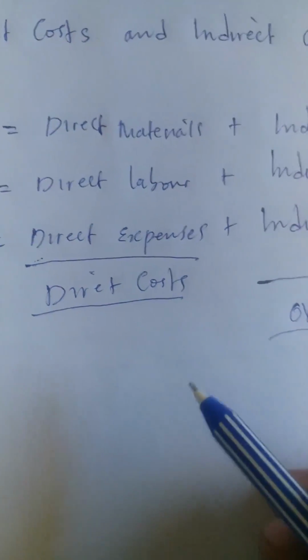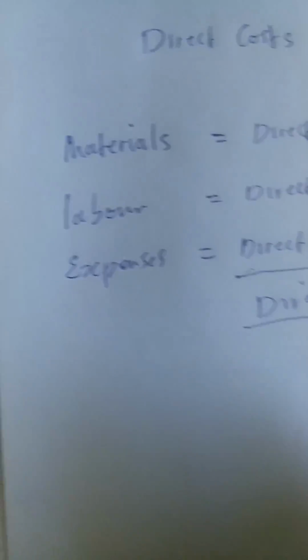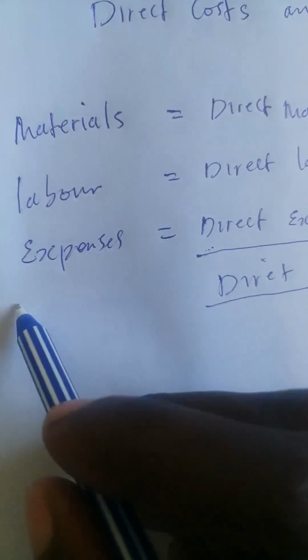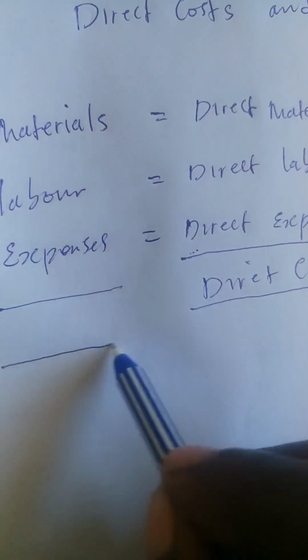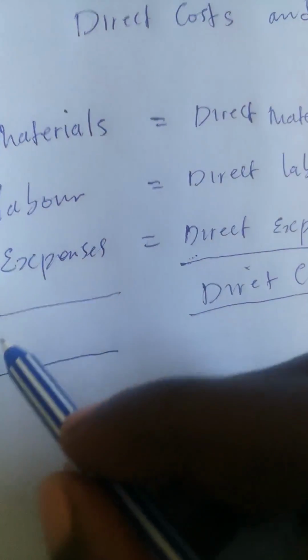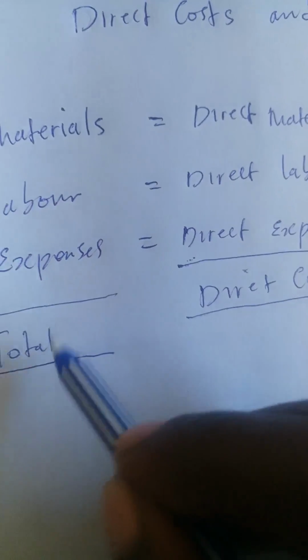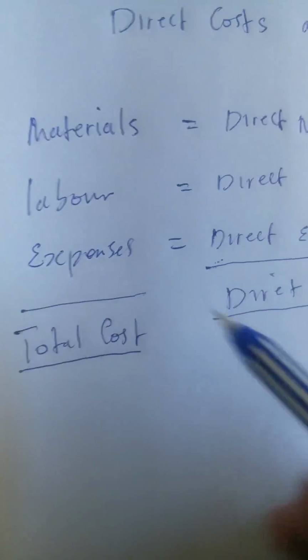These are our descriptions. These are the items which are incurred in the total cost of an item.